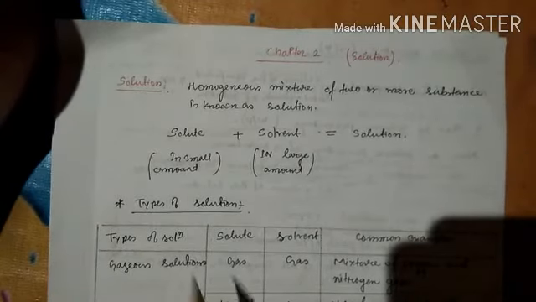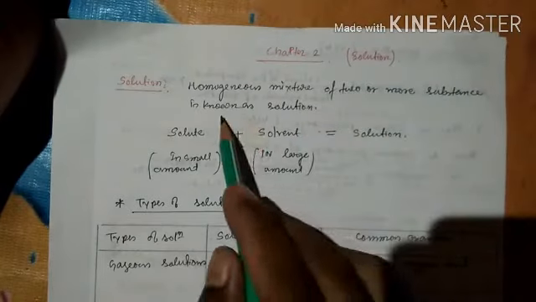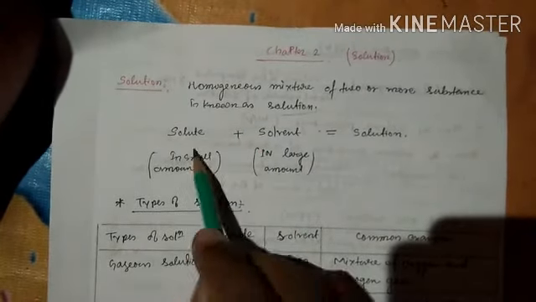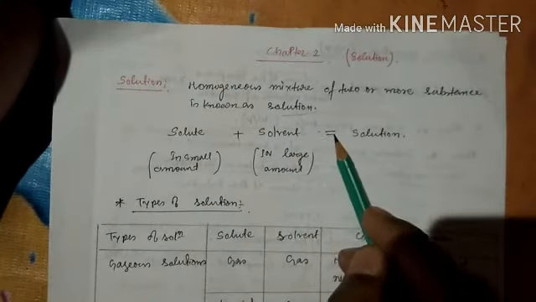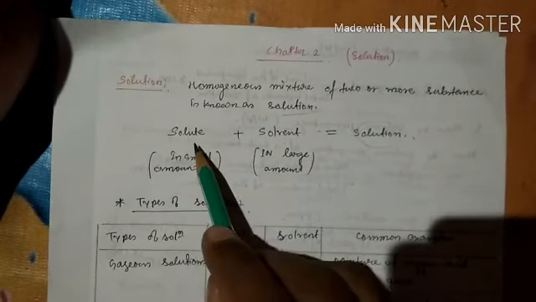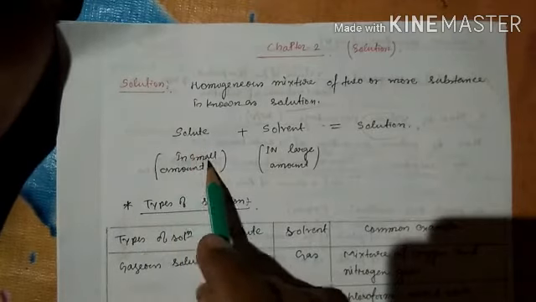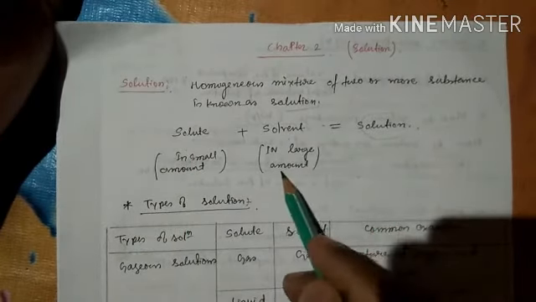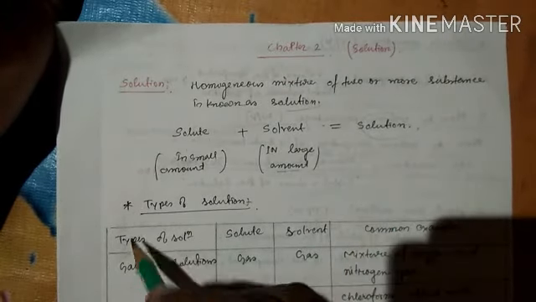In definition, a solution means the homogeneous mixture of two or more substances. Now, one is the solvent and the other is the solute part. This one is solute, this one is solvent, and together they give us the solution. You well know about this. The solute is present in a small amount and the solvent in a large amount, which makes the solution. Suppose salt solution.